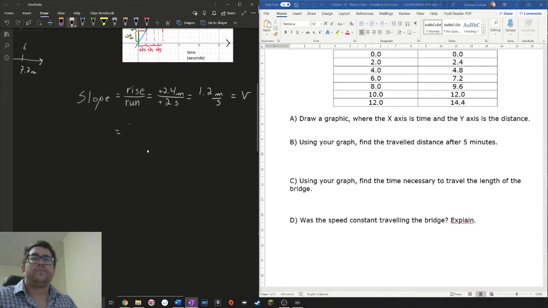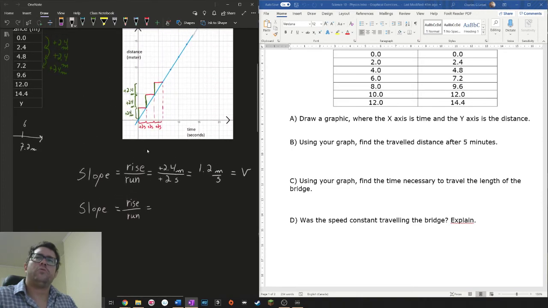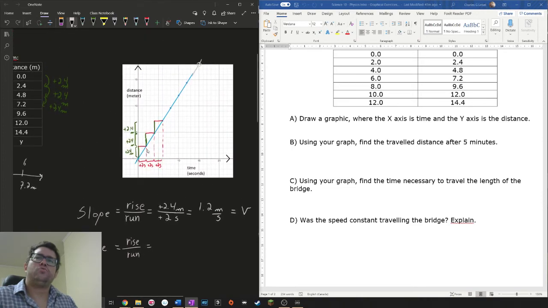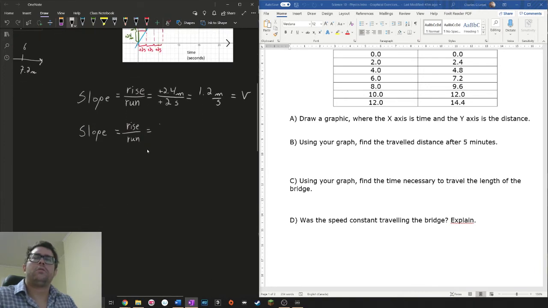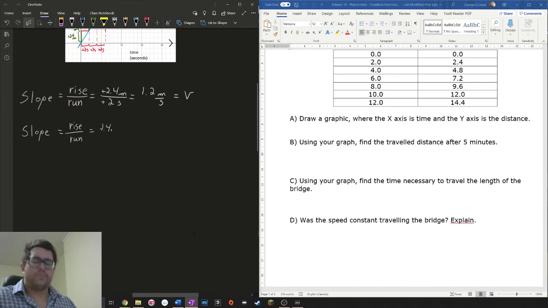So we're going to write our formula. Slope equals rise over run. Point 2 is rising 2.4. Technology is coming along. 2.4 over 2.